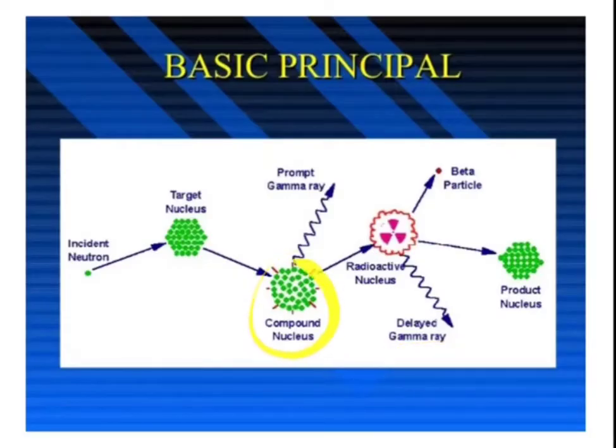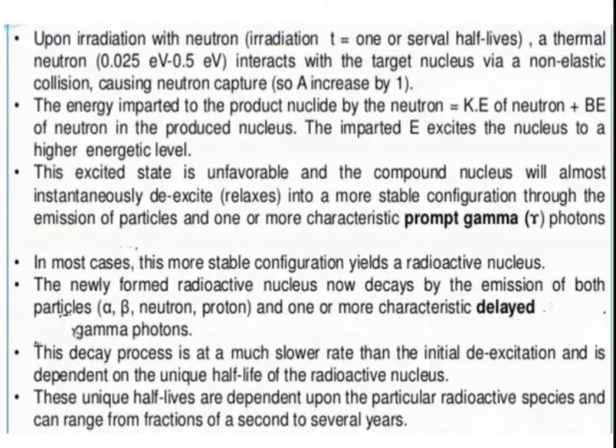So this is the newly produced nuclei, and its energy is very high because it is in the excited state after absorbing the neutron. When it is in the excited state, it will come to the ground state, so there is the emission of a photon, and that is a prompt gamma photon. Then in most cases, this more stable configuration yields a radioactive nuclei.